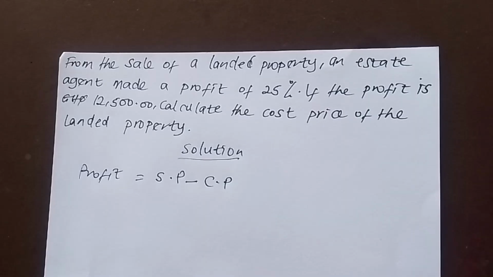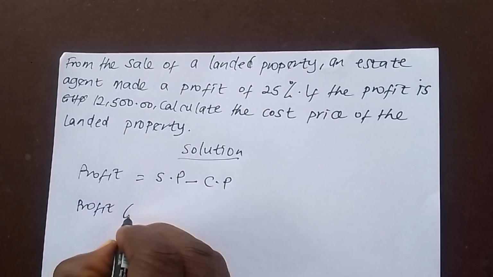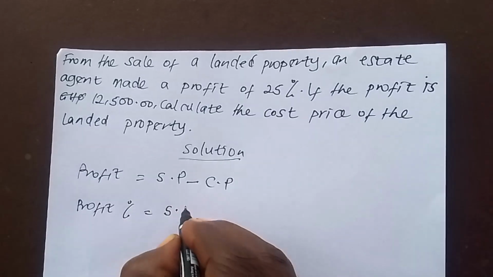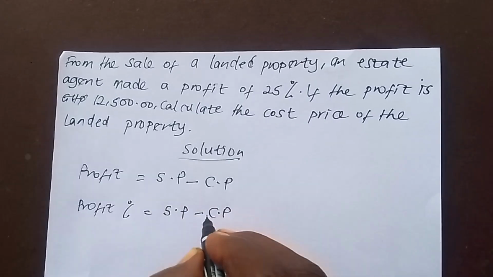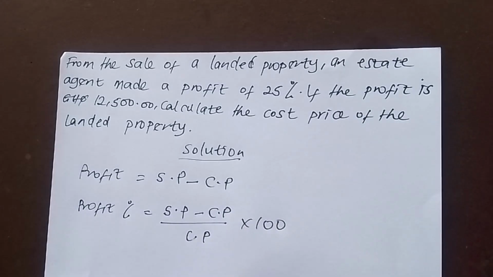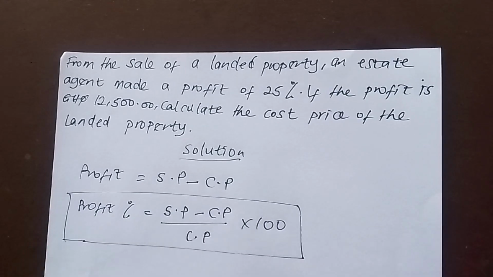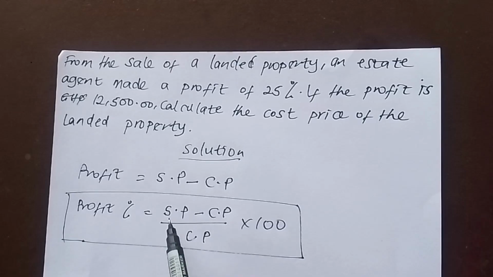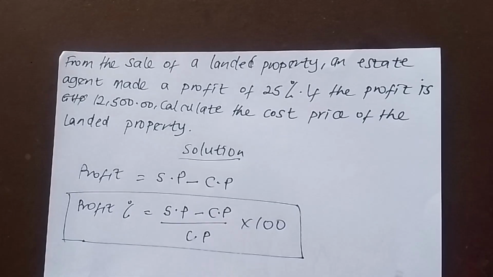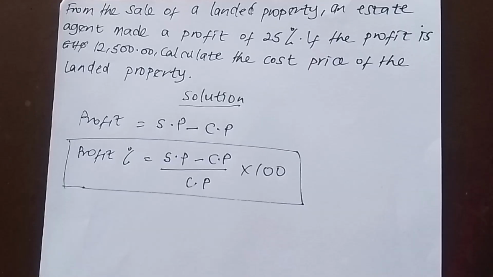Then from the question, we have the profit percent, and our profit percent formula is given by selling price minus cost price, all over cost price, multiplied by 100. But from the question given, we cannot use this formula. Why? Because we don't know the selling price, we don't know the cost price. There are two unknown quantities in there. Therefore, we cannot use this formula.